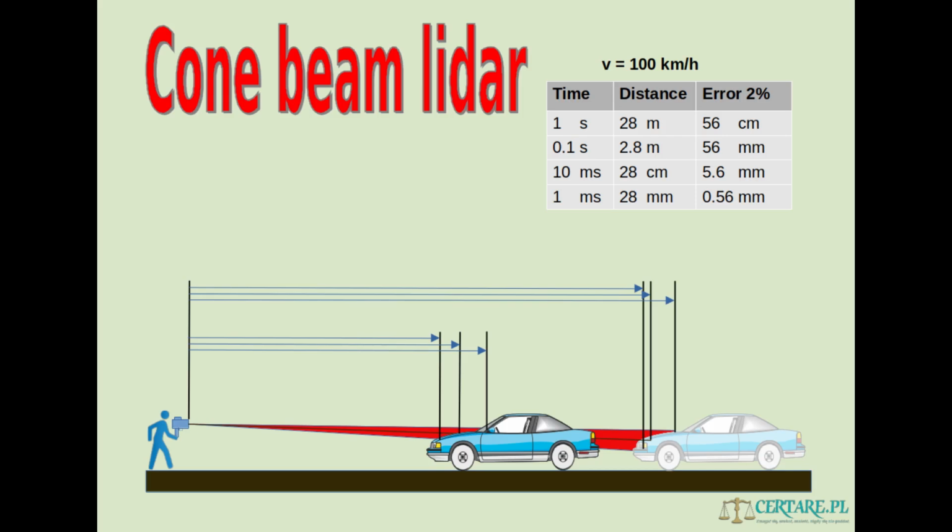Then the problem of that error wouldn't be that large, because he would have to make a mistake of somehow hitting something that would be 56 centimeters further to get that error to be too large. But that's not the method that they chose, because I guess when the lidar was designed, the issue was how to verify that, how to automate this whole process, how to make sure that the operator actually hit the same point at two different time measurements.